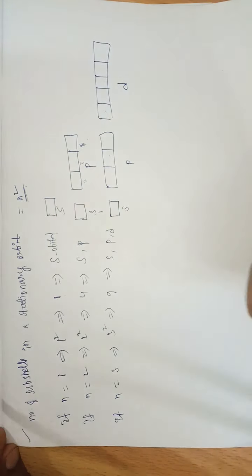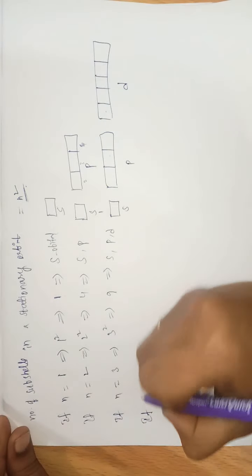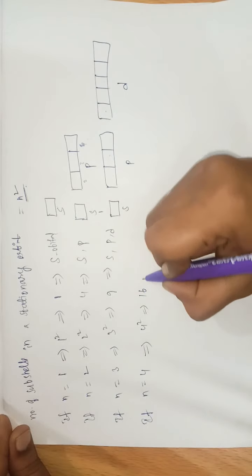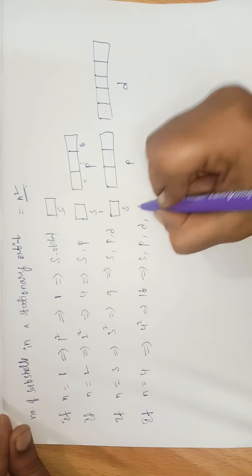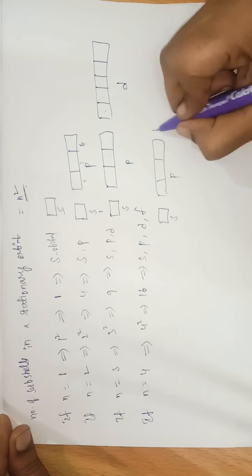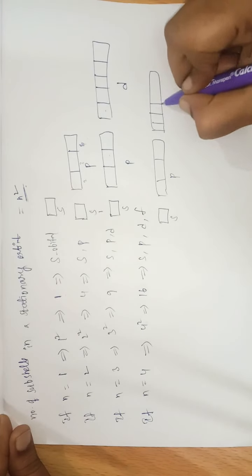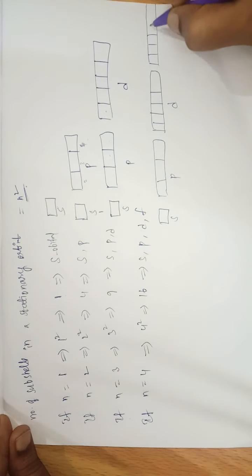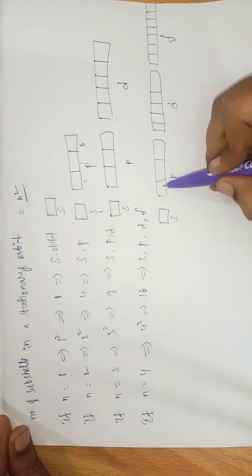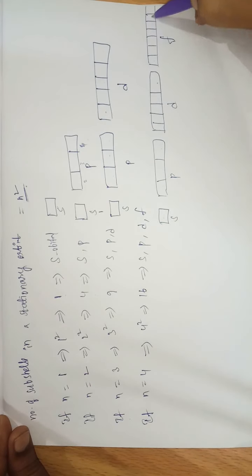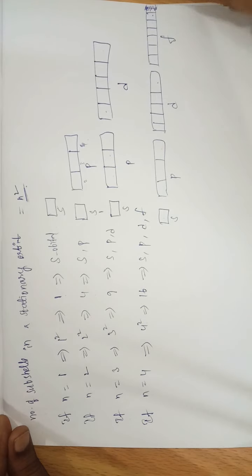And if n equals 4, then 4 square is equal to 16, that is s, p, d and f. s is 1, p is 3, d is 5 and f having 7, 1 2 3 4 5 6 7. You can count up to 16.